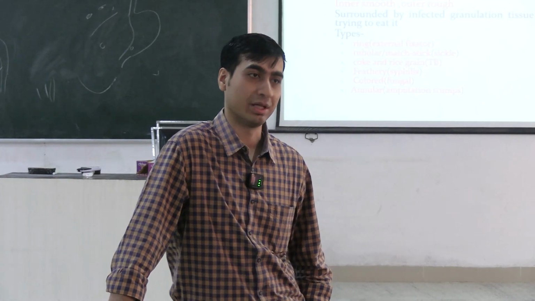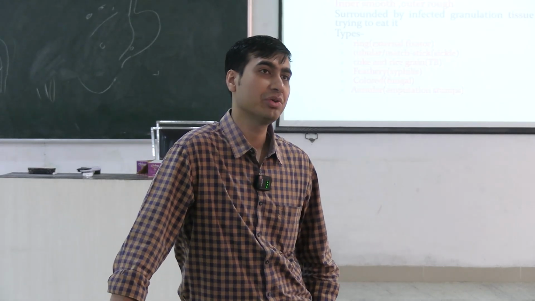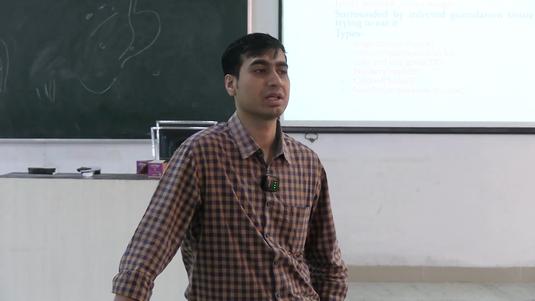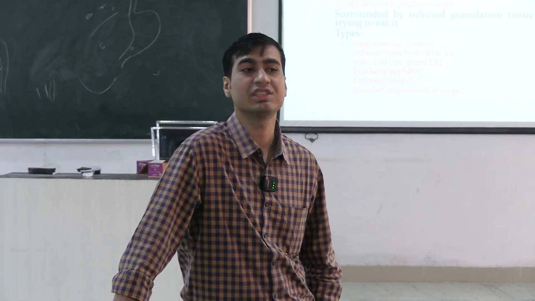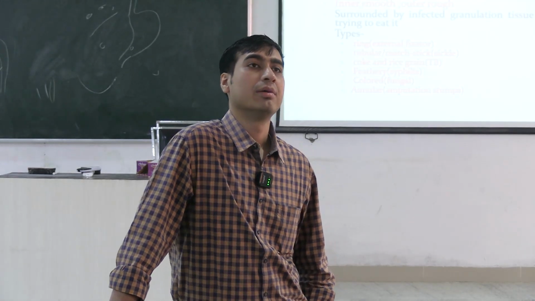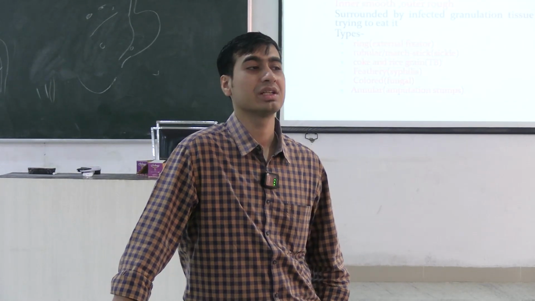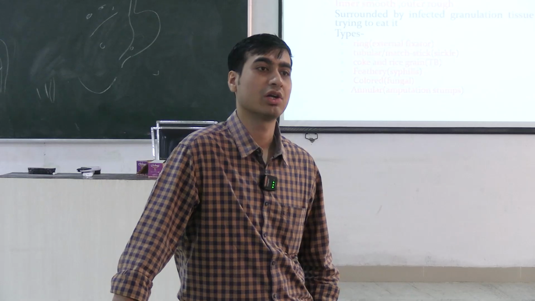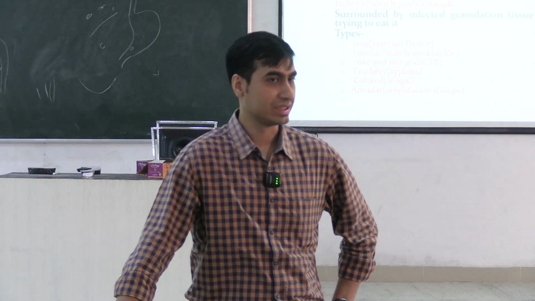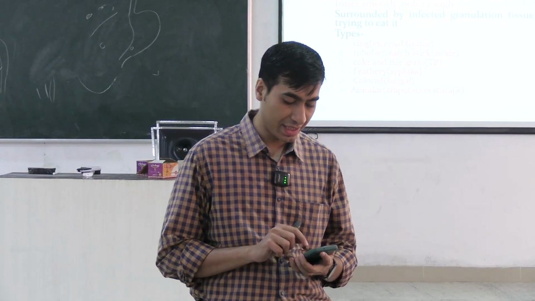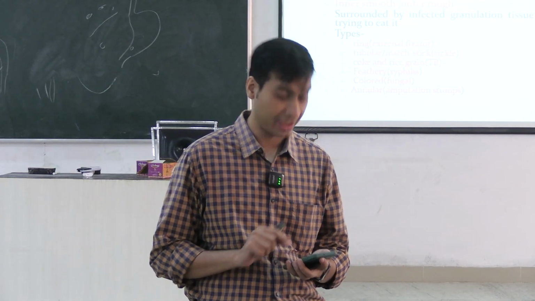If you do an MRI, you can see bone marrow edema. But acute osteomyelitis is very difficult to pick up on a fresh X-ray because the features are not that much. But if you do an MRI, definitely you can see a lot of marrow edema, a lot of fluid going around. But in chronic osteomyelitis, you can get a lot of features. So that is what I told you.